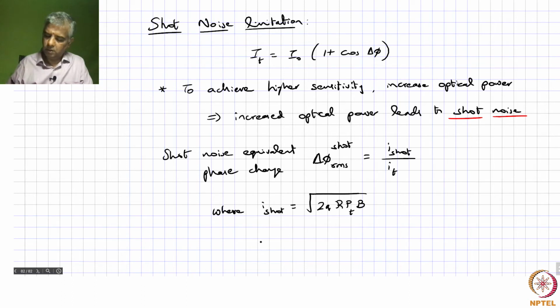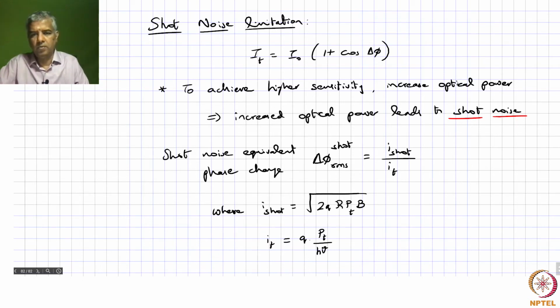And similarly, if you look at I_T, that's the photocurrent that's generated, that is going to depend on the electric charge multiplied by the amount of power that's incident on the photodiode divided by the photon energy.